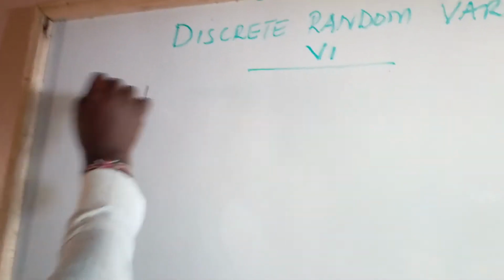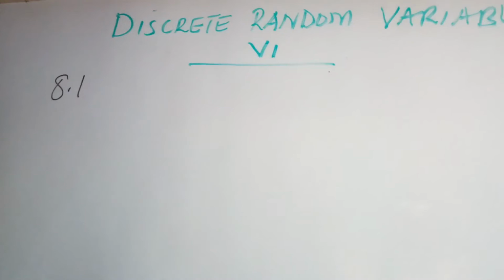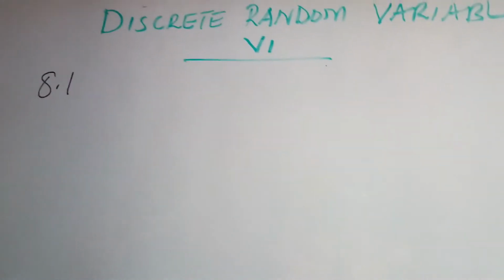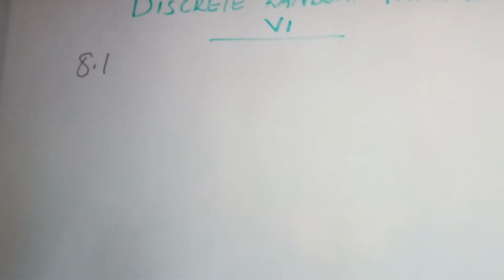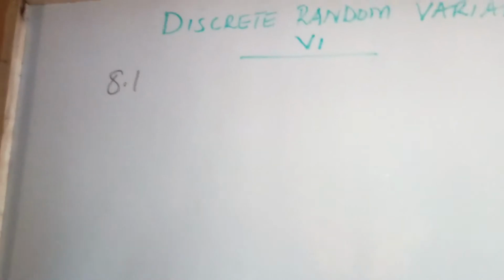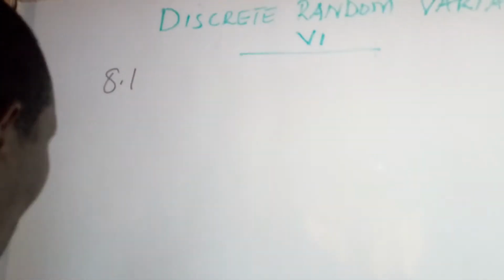We are told that a discrete random variable can be described as a value obtained by taking a measurement from an experiment in the real world. So a random variable must take a numerical value.